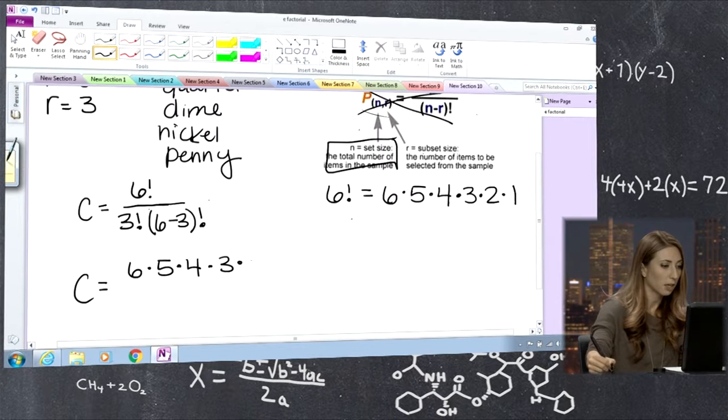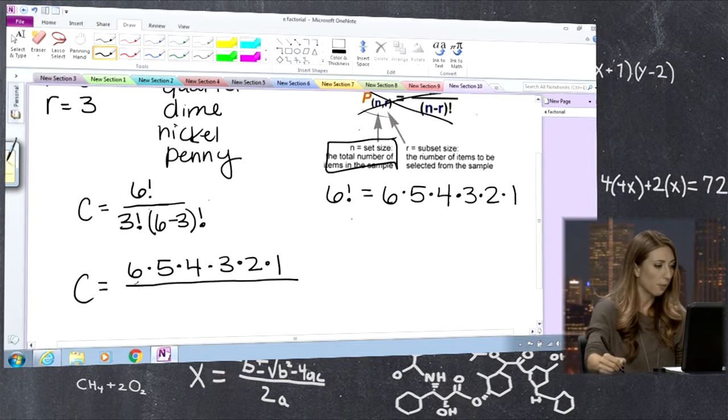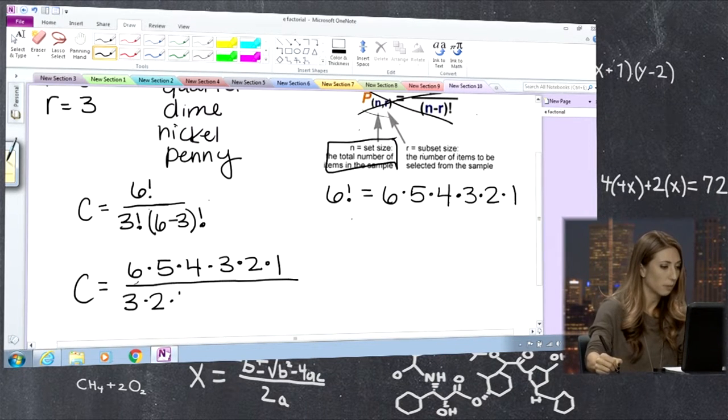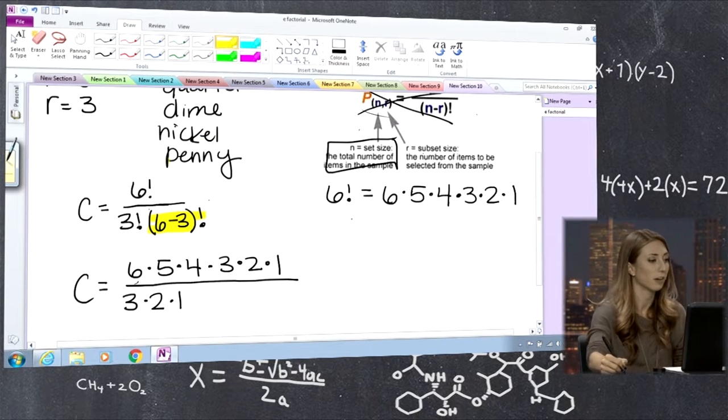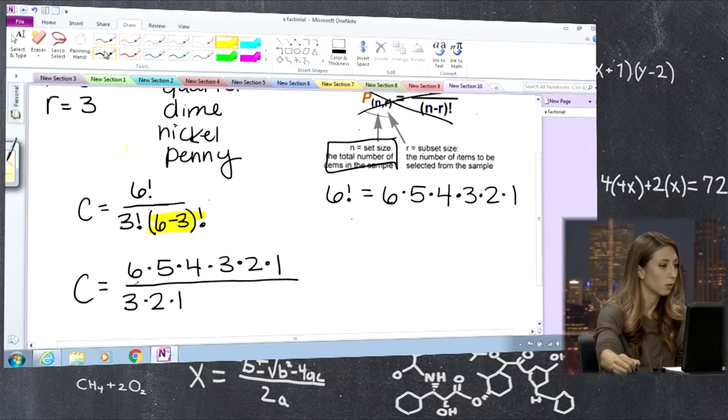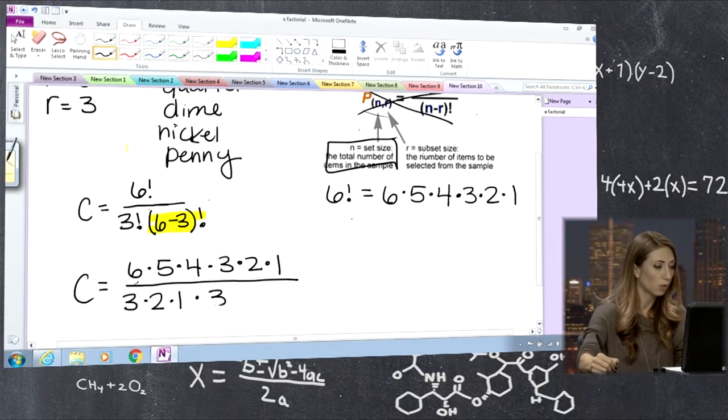On the bottom we have 3 factorial, so 3 times 2 times 1. And that's going to be times, 6 minus 3 is 3 again, so it's another 3 factorial. So again, times 3 times 2 times 1.